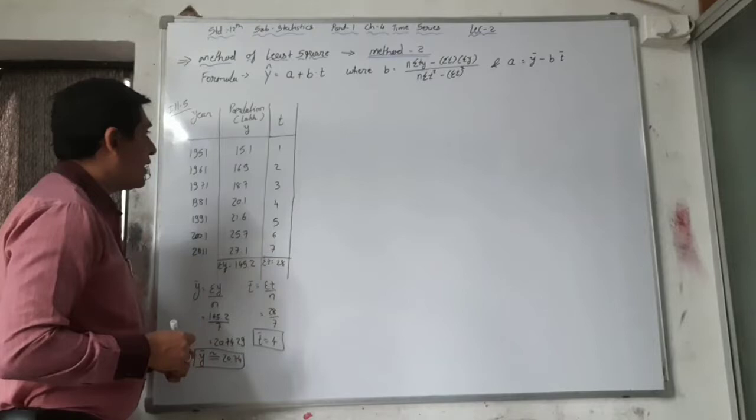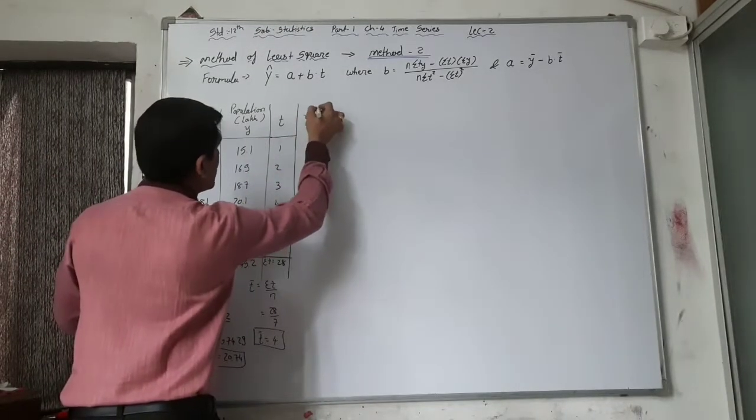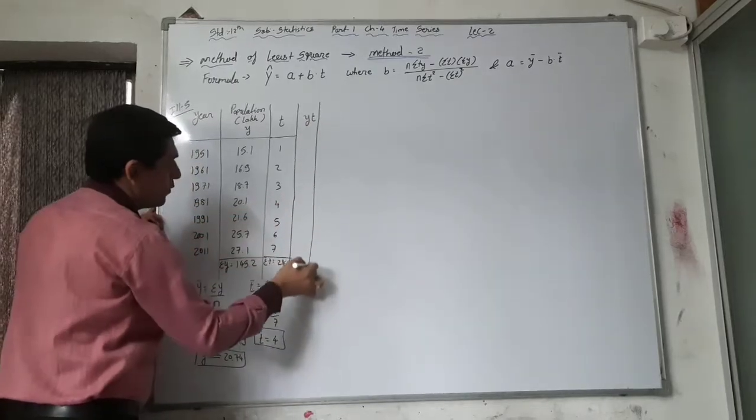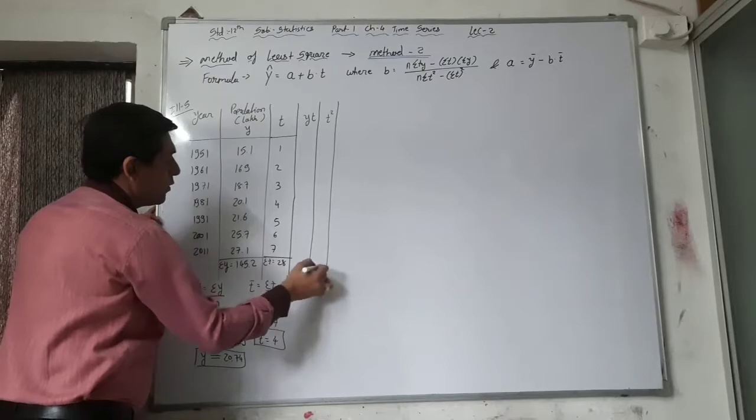Now y bar and t bar, after that we have to write down yt, that is multiplication column, then t square, right?